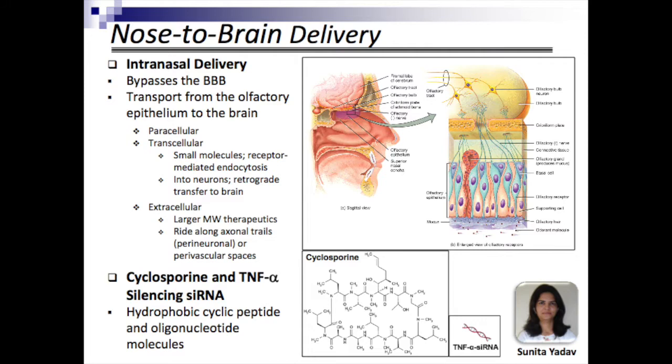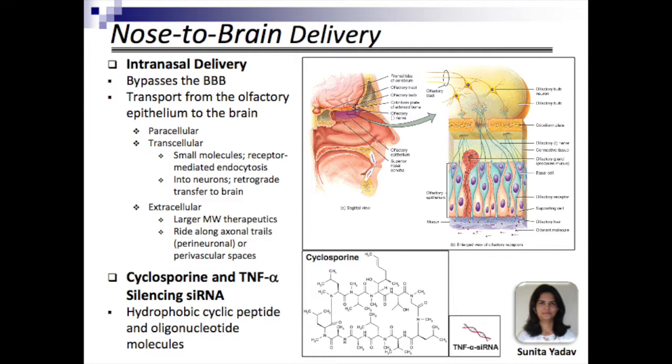There are different theories as far as what mechanism of transport is most appropriate. People suggest it may involve the olfactory bulb and olfactory neurons. There's also the trigeminal pathway, and there is some understanding that it may be a paracellular pathway. But what we find really interesting about intranasal delivery is that for labile, large molecules, it actually allows us to get fairly decent levels of bioavailability in the brain.